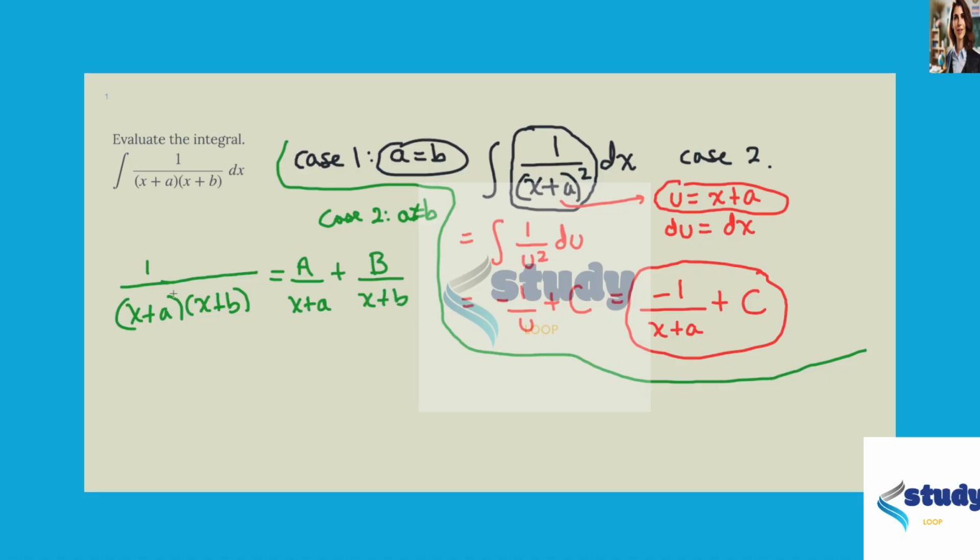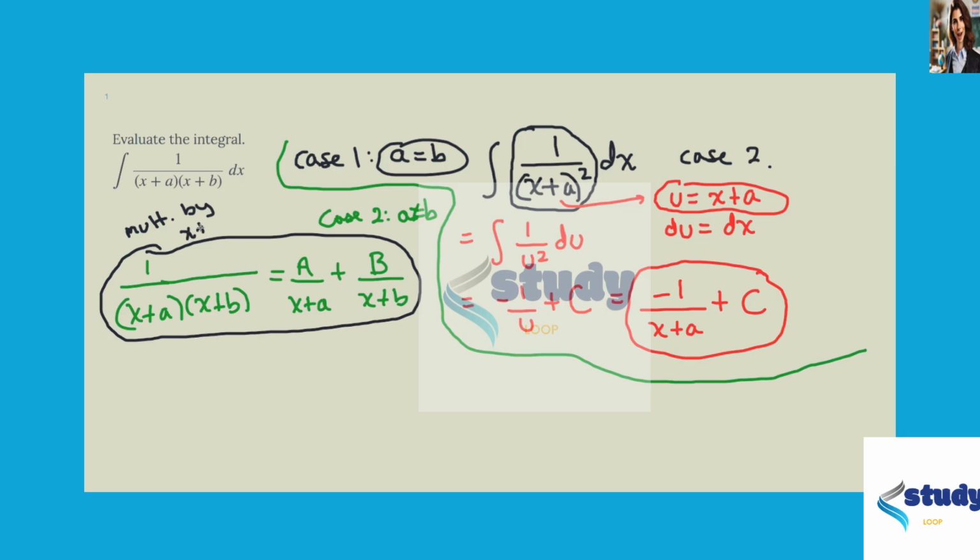Now, looking at this latest equation, let's circle this in black. Let's go ahead and multiply both sides by the denominator on the left, x plus little a, x plus little b.